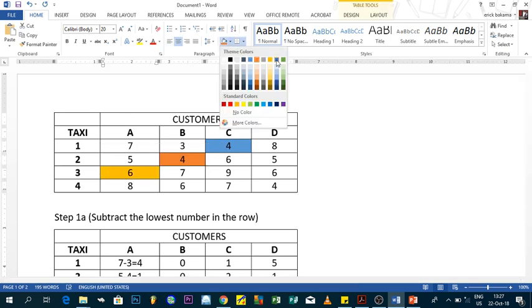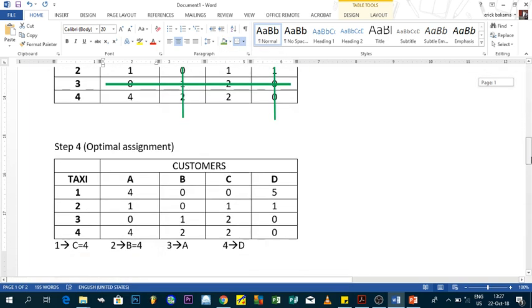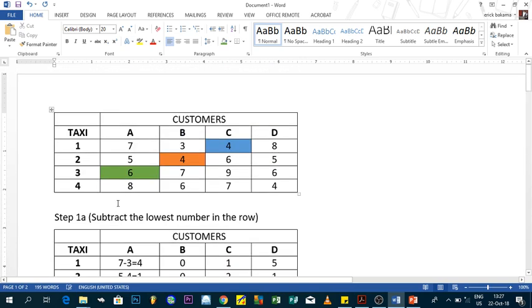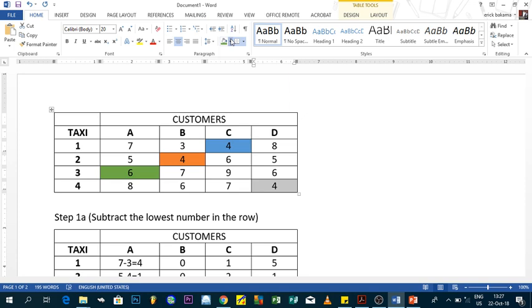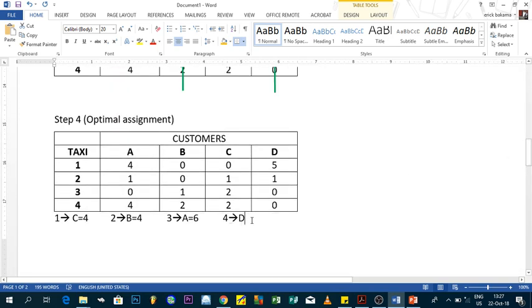So 3A is equal to 6. Then we are left with 4D. We look at the table, 4 is here and D is here. It's another 4. So 4 is going to be allocated to D, which is a 4 again.